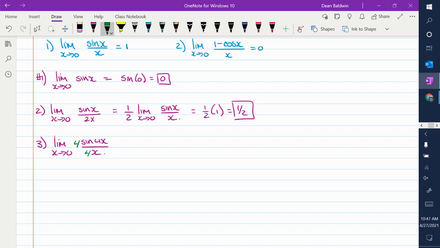And then using the constant rule, what can I do with the 4 in the top? You can pull it out. So I can write it like, whoops, 4 should be out there. And I get sine 4x over 4x.